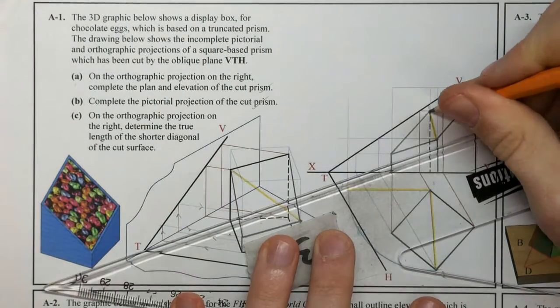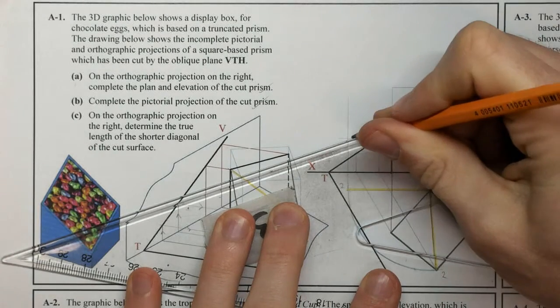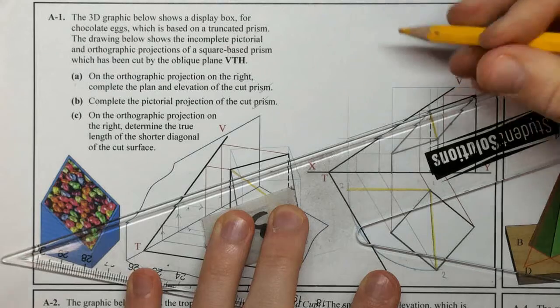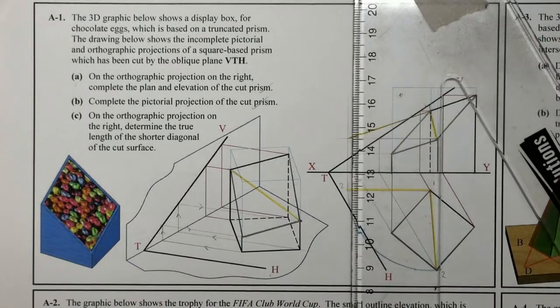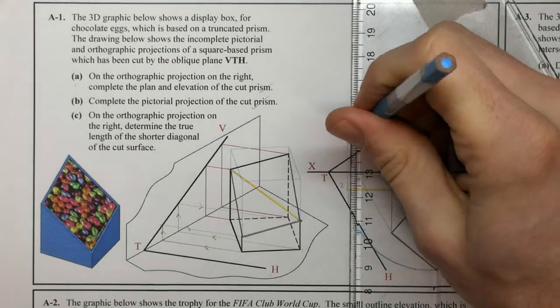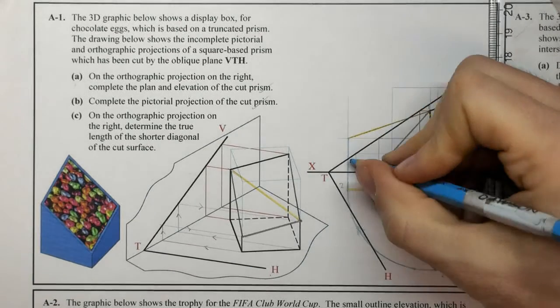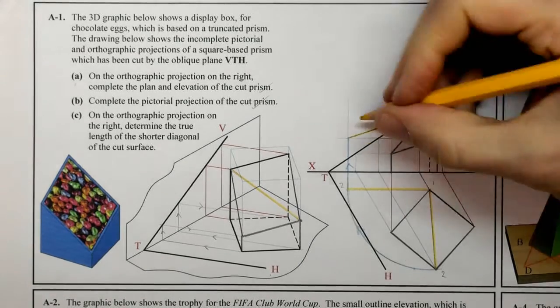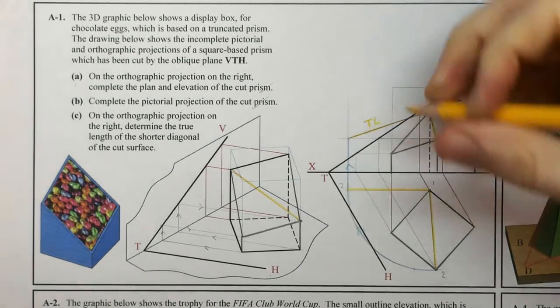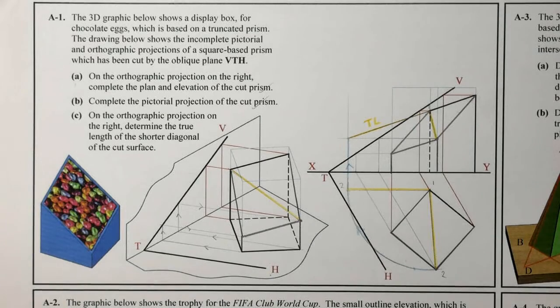So here is the new position of 2. I'll highlight that and show the projections there as well. So that's my true length. So that's 2015 question A1.